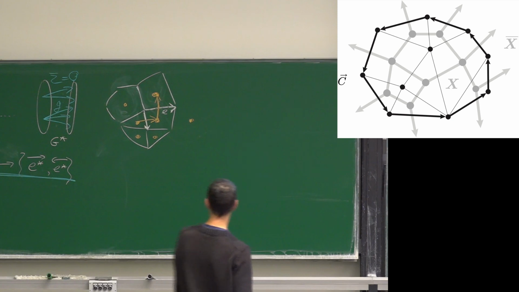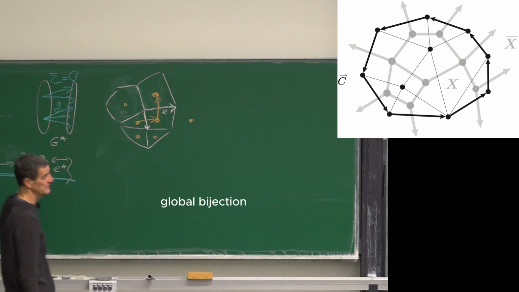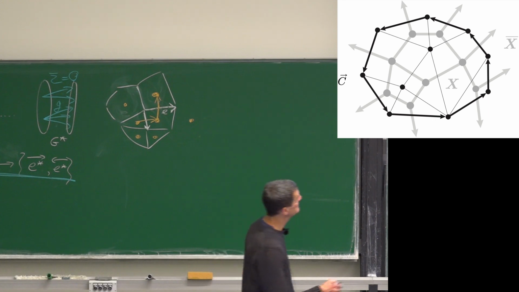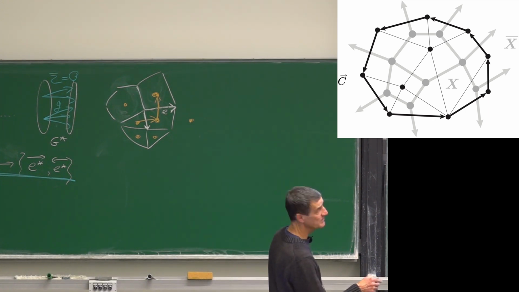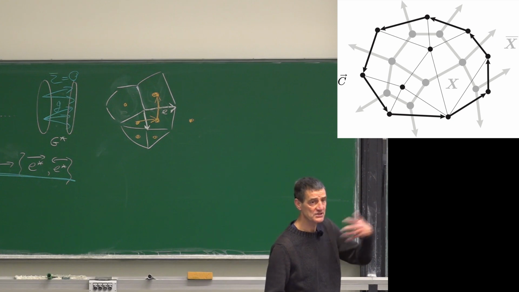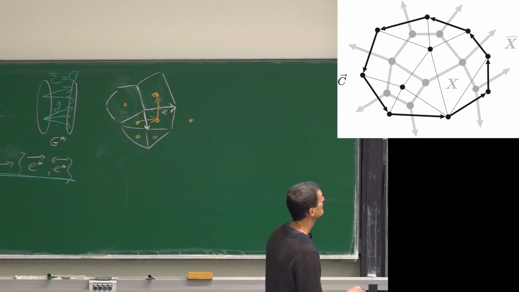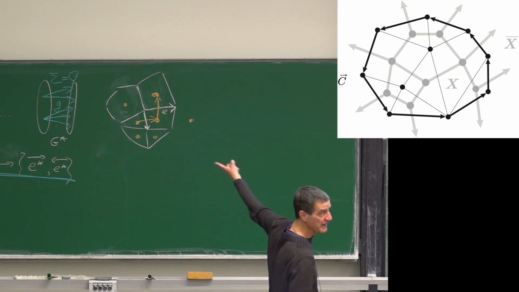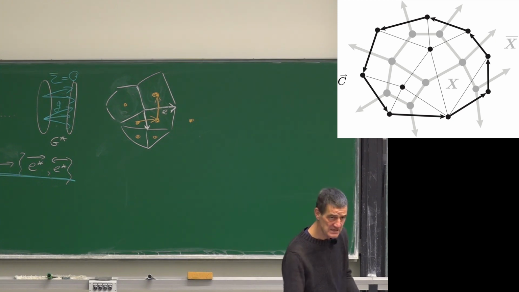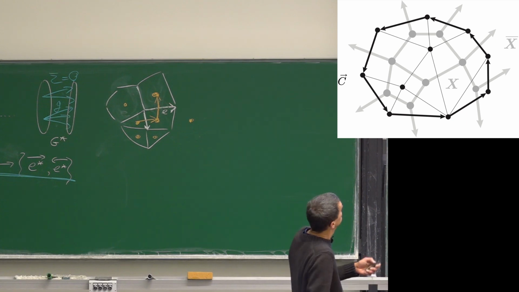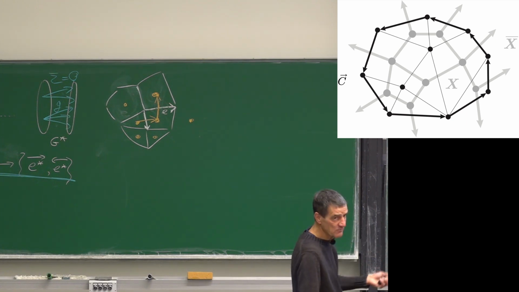Our global bipartition, which we claim exists, ensures that if you pick one of these two sides, X or X bar, the inside or the outside of this bond in G star, and orient all the edges of G star from X to X bar, then these orientations correspond by this clock thing to orientations of C that are all the way around C one way or all the way around C the other way.